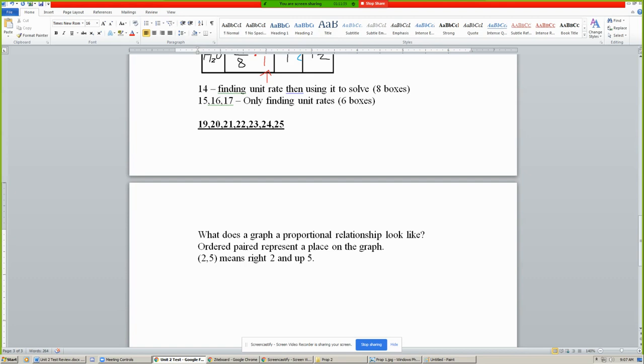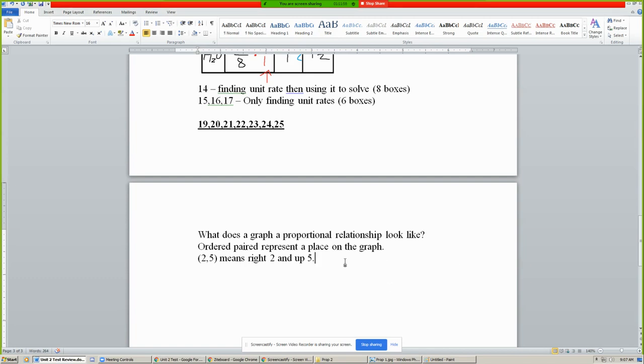Number 21 gives you a bunch of different information and you have to pick the graph that represents that, and what those points represent. And the last 2 questions are about a bottle capping factory, and you have to look at the graph and identify what's actually happening.